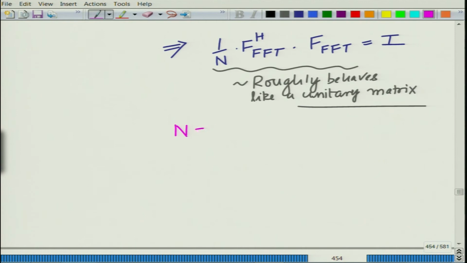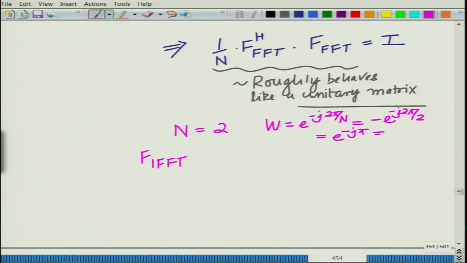So, n equal to 2, let us again write this F IFFT. Of course, we know W equals e raised to minus j 2 pi over n, which is equal to e raised to minus j 2 pi over 2, which is e raised to minus j pi, which is minus 1.